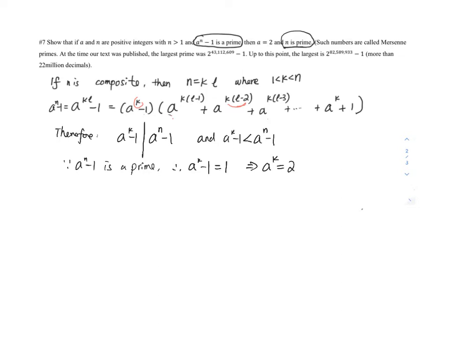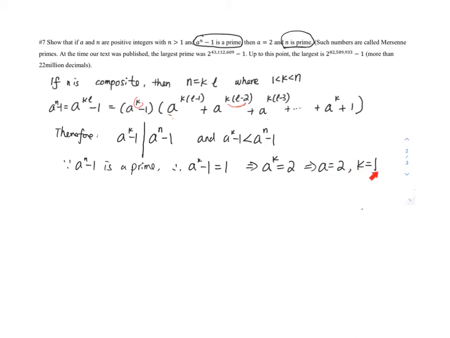Now, take a look here. Since they're both integers, in order for that to be 2, the only way that can happen is a has to be 2 and k has to be 1. I hope that you see a contradiction right here. When we assume n is composite, when we assume the conclusion is not true, we know n is equal to kl, and k is in between 1 and n.